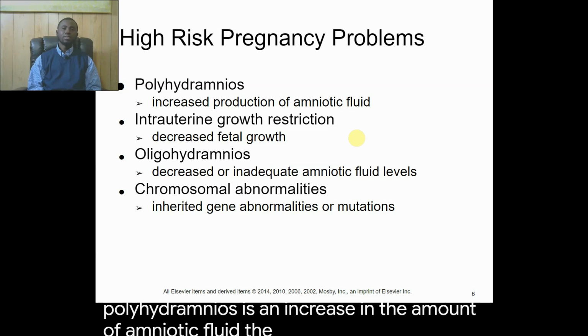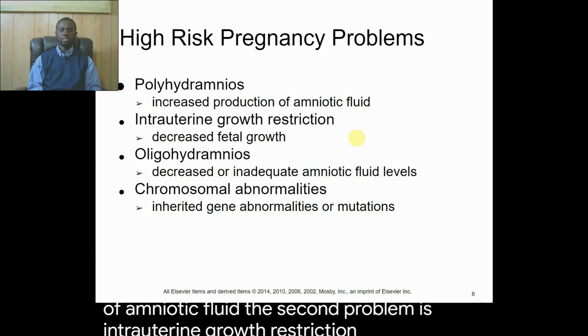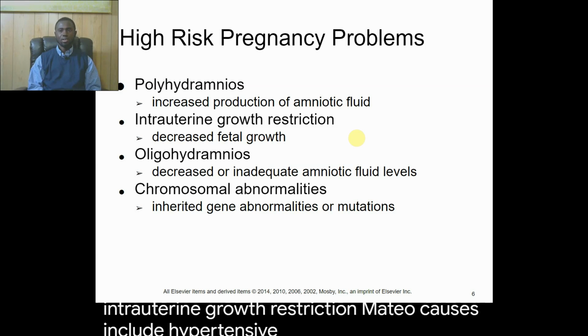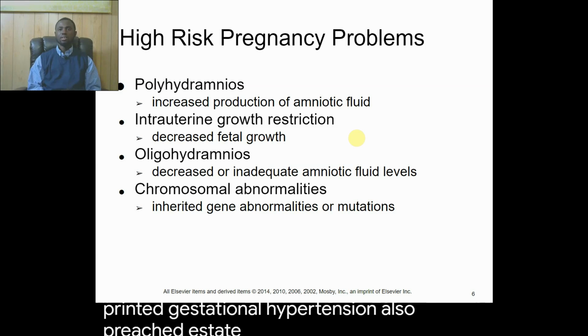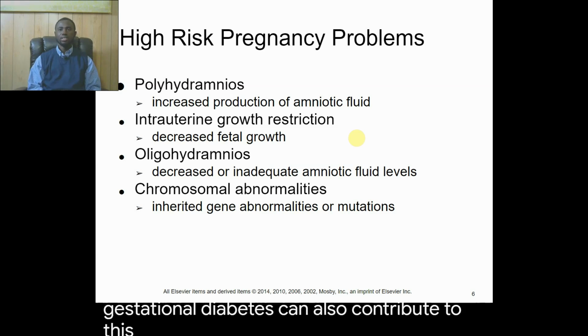The second problem is intrauterine growth restriction. Maternal causes include hypertensive disorders such as pre-gestational hypertension. Also, pre-gestational diabetes can contribute to this.